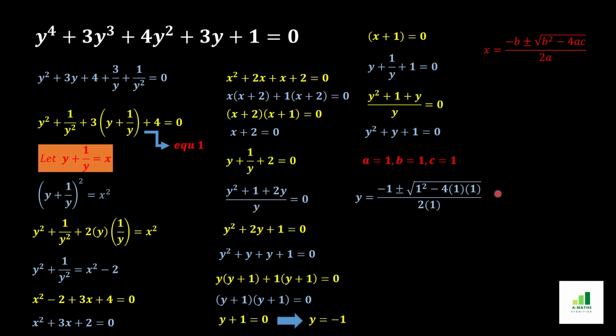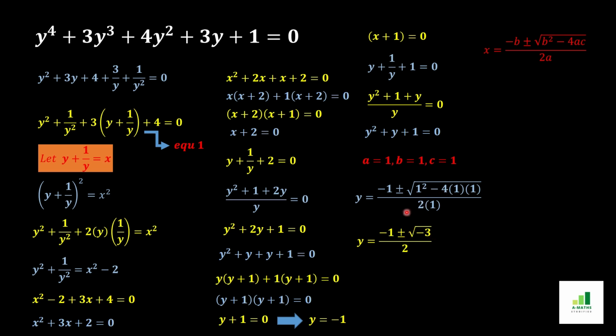Now we will simplify this equation and we will get minus 1 plus minus under root of 1 minus 4, which is minus 3, upon 2.